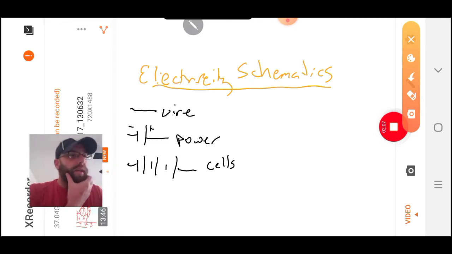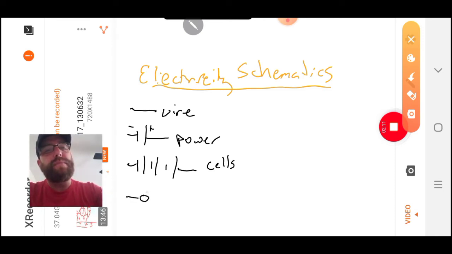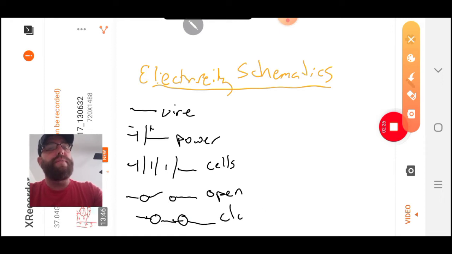The next one is a switch. This is an open switch, or off. And this is a closed switch, or on.